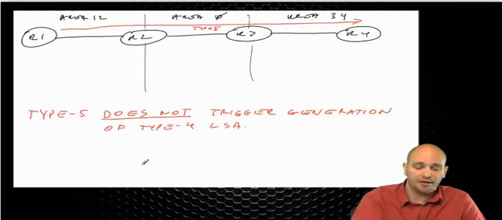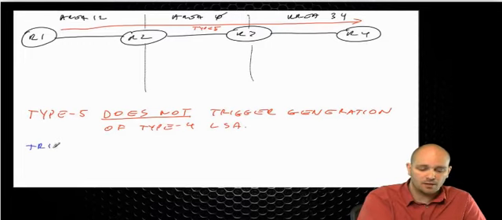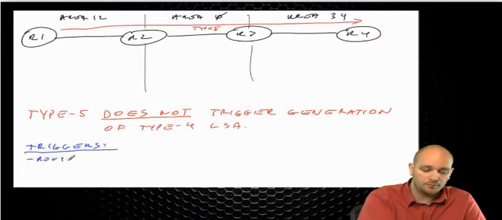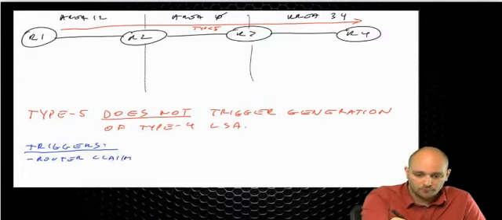There are 2 triggers that generate type 4 LSAs. Those are router claiming, spelling mistake, sorry about that.